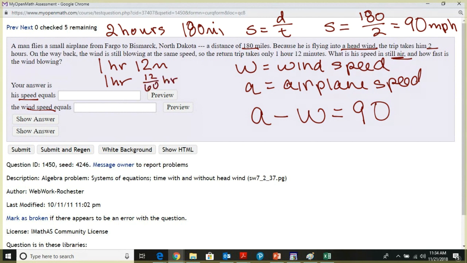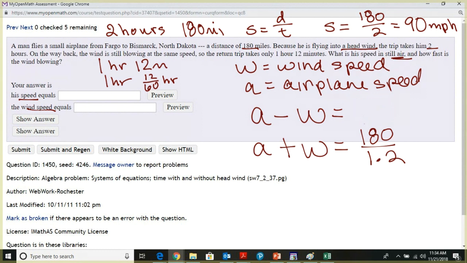I think it might have been easier to convert over to minutes, you guys. All right, so 12 divided by 60 is 0.2. So on the way back, he was flying with the wind. Still went 180 miles, but it only took him 1.2 hours.